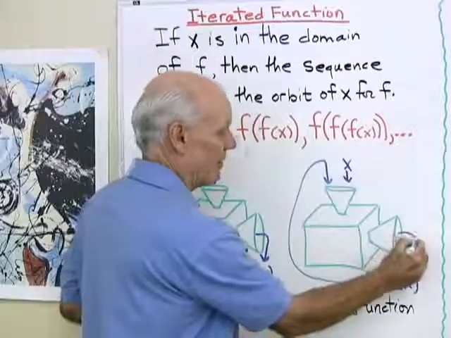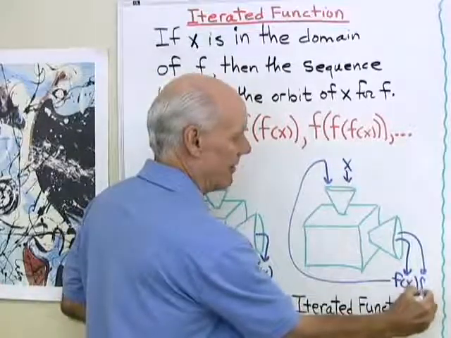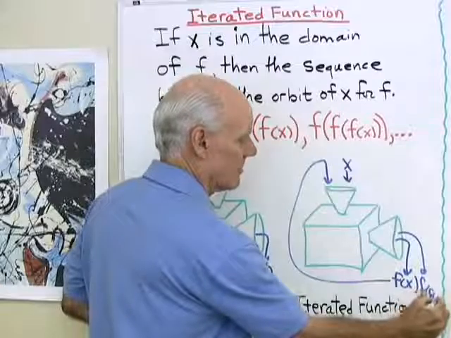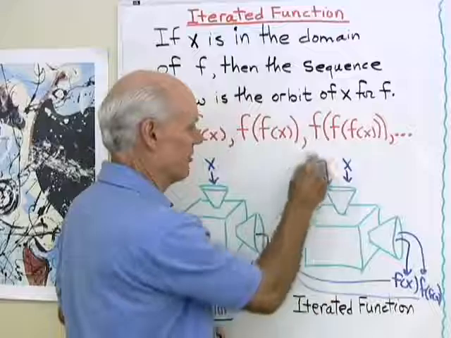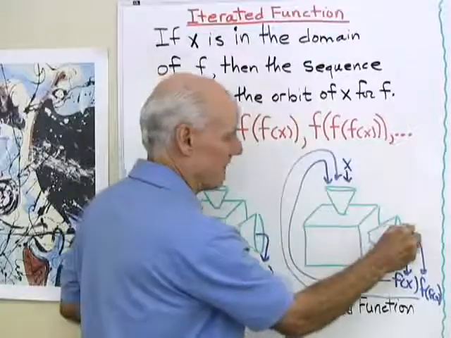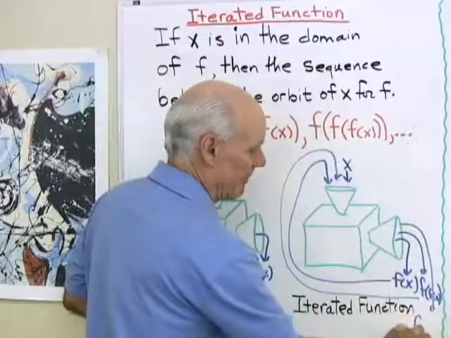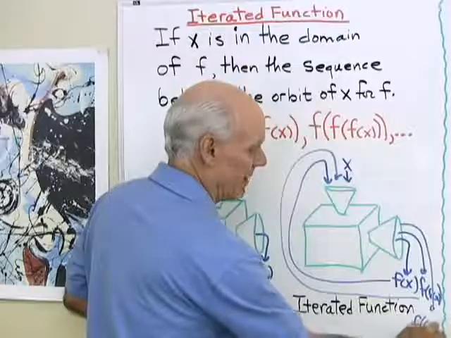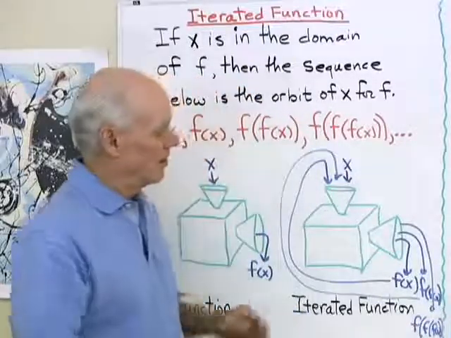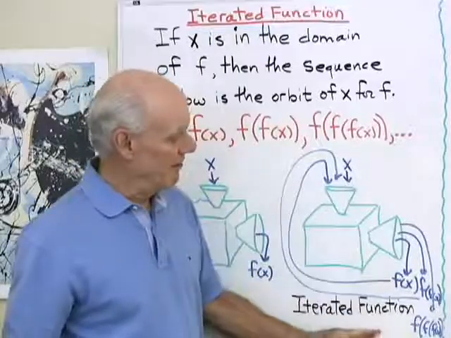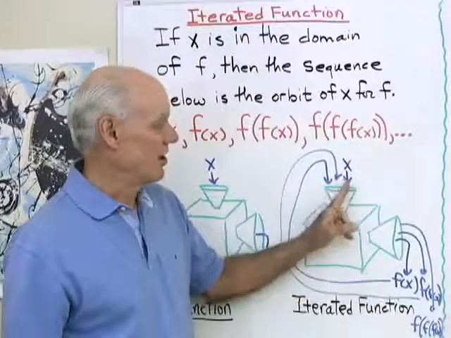And then what comes out from that is f of f of x. Then we take that and drop it back into the function, and what comes out from that is going to be f of f of f of x.